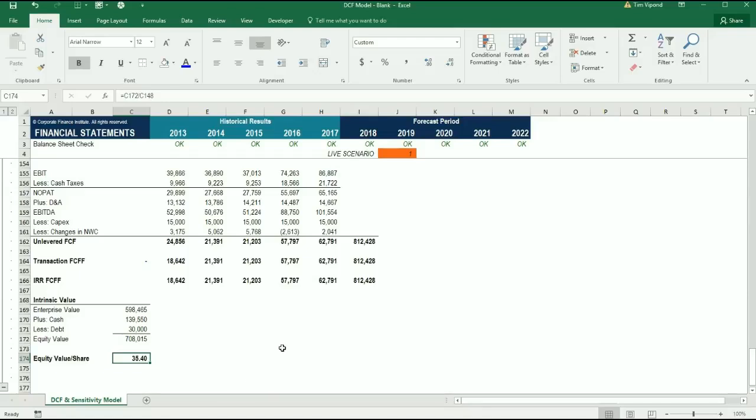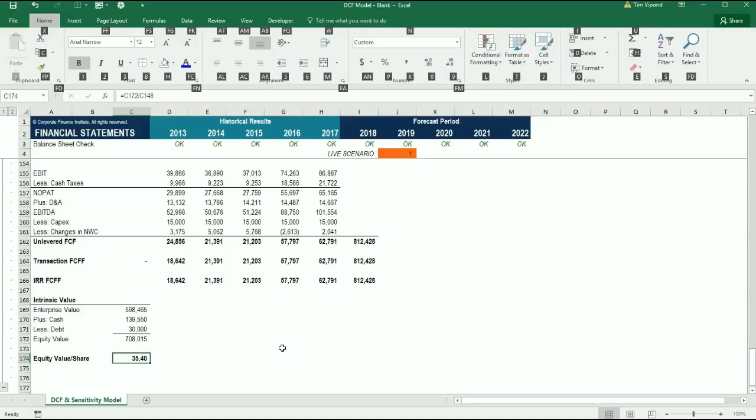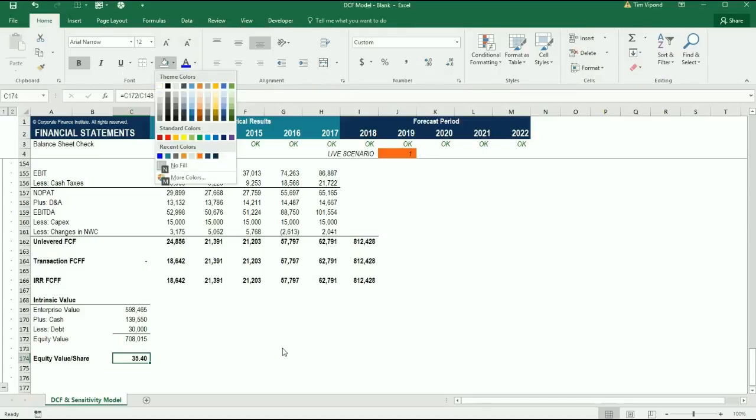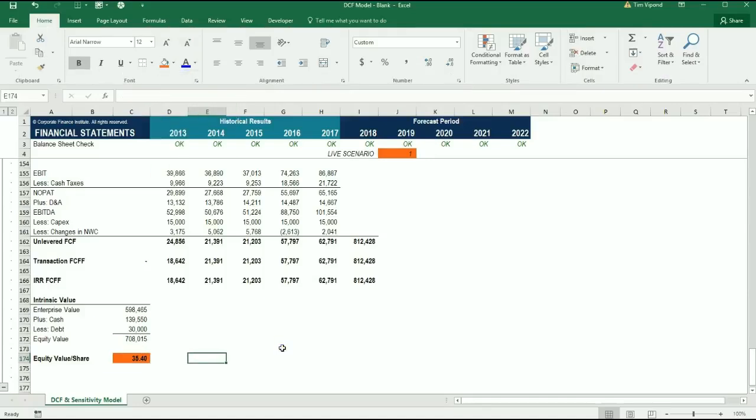I'm actually going to go ahead and format this to really stand out, since this is the main value that we're looking for in this model. Now we've got our intrinsic value per share for this business and our intrinsic enterprise value for this business using the XNPV function.